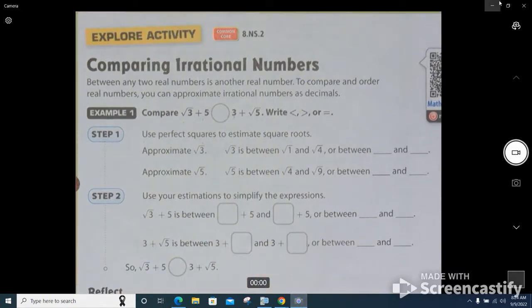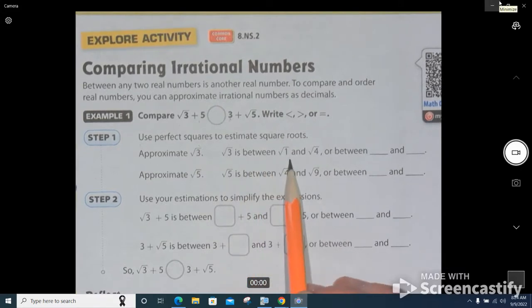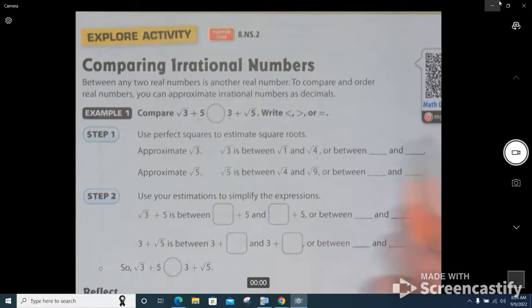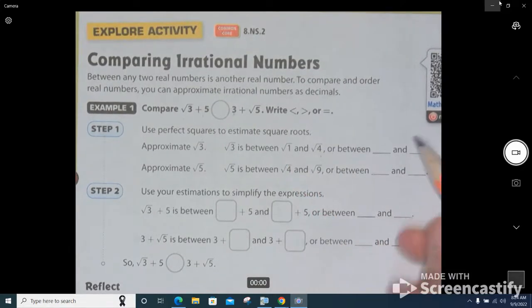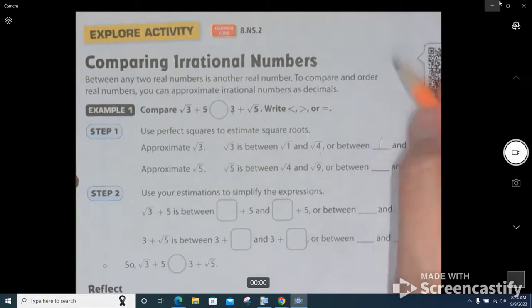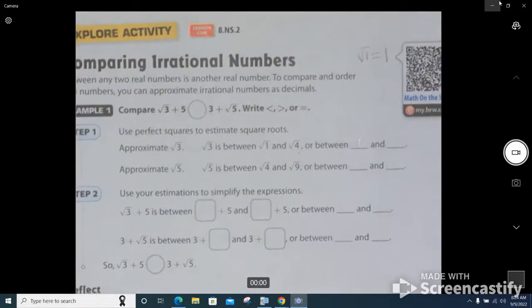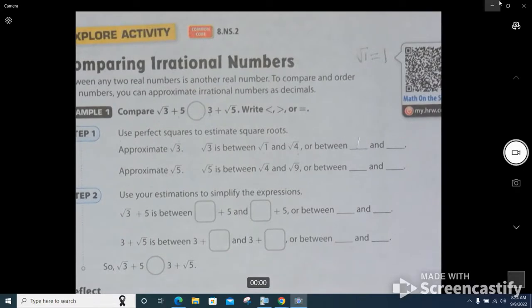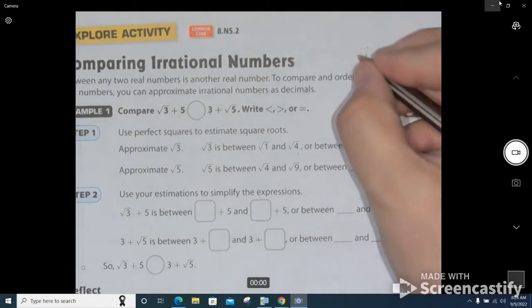In other words, the square root of 3 is between the square root of 1 and the square root of 4. What's the square root of 1? 1 times 1 is 1, right? So jot this down. The square root of 1 is equal to 1. I'm going to use a pen because you won't be able to see it on the screen.